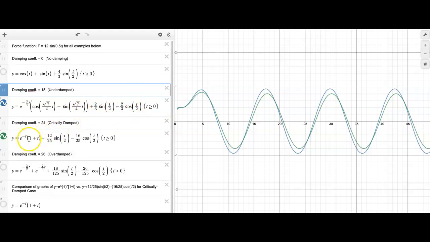It'll try to act like an exponential plus an exponential times a linear function. But again, all of that will fade out over time, and it'll just essentially act like a sum of sine and cosine functions. And then, of course, the overdamped case is again going to start off acting exponential.